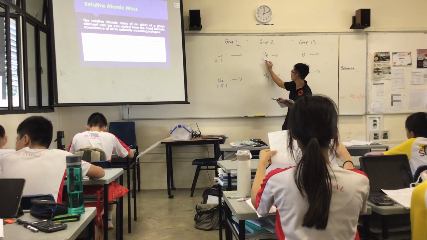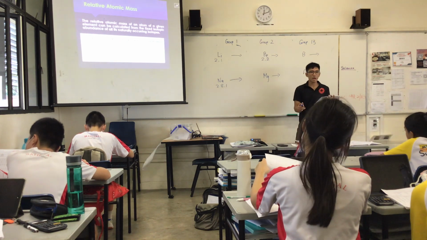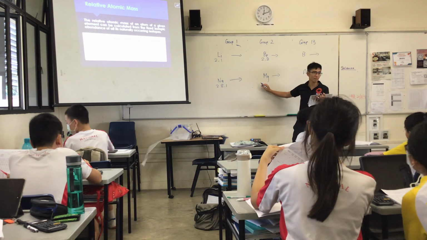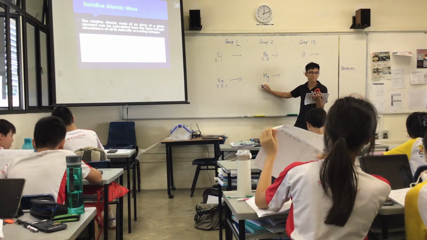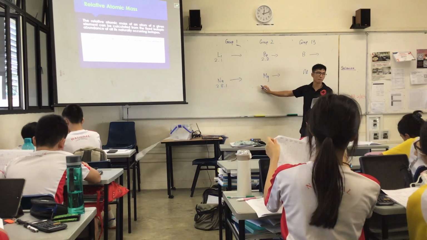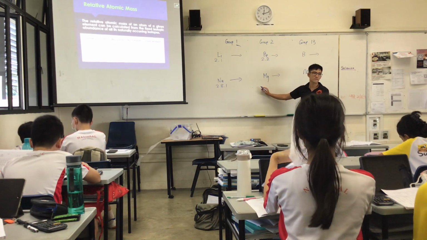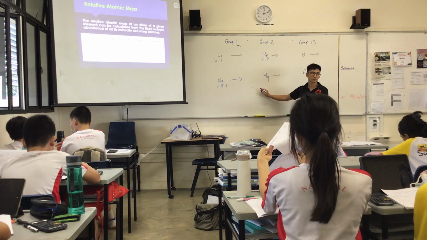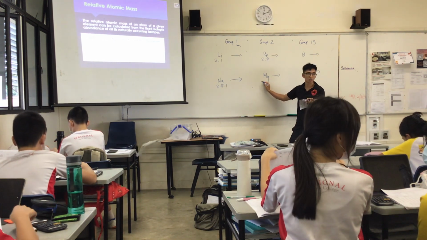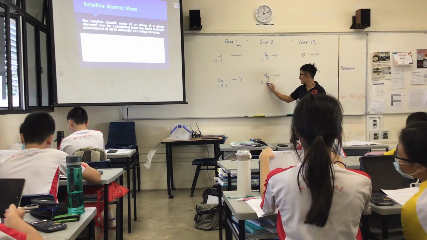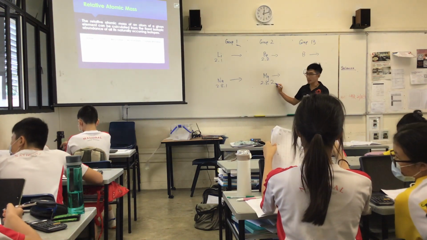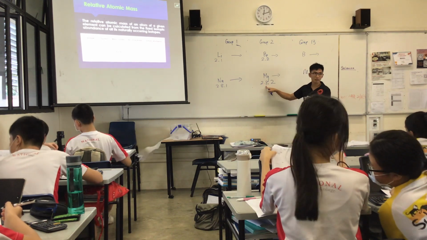2.2, very good. Next one, a boy. Jack is a boy. Jack, magnesium. What is the electronic configuration of magnesium? Two what? 2.8.2. Okay, add up together. 2 plus 8, 10.